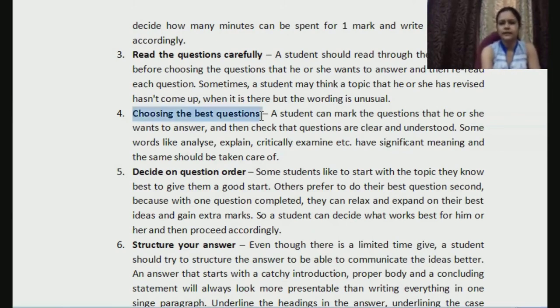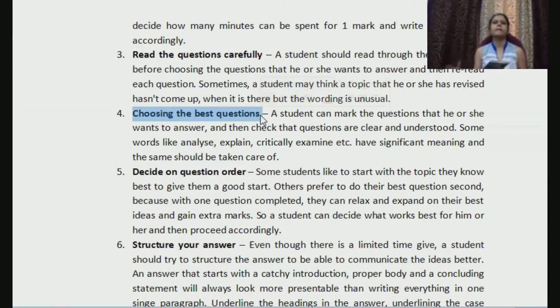Next is choosing the best question. That means there may be a question where there are 2 or 3 different parts. You may see a question, okay, what is interpretation? What are the principles of interpretation? By writing the first sentence, what is interpretation, you may feel like, oh, I know this question, I will answer it.